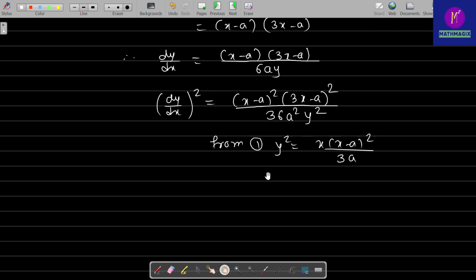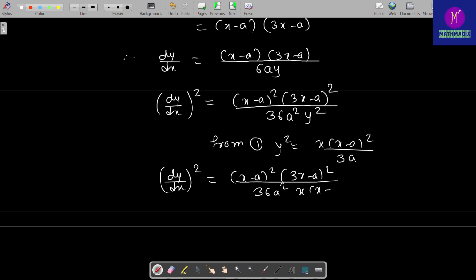Now I can substitute the value of y square in this. So we will get (dy by dx) the whole square equals (x minus a) square (3x minus a) the whole square divided by 36a square, and the y square is x into (x minus a) square divided by 3a.